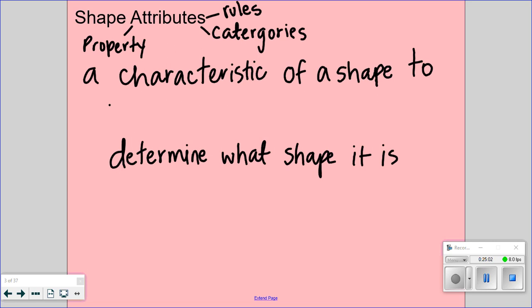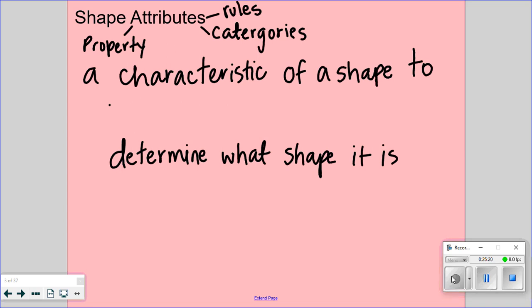It's a rule of a shape that helps us figure out, okay, if it has this stuff, then it must be this shape. A characteristic of a shape to determine or figure out what shape it is.